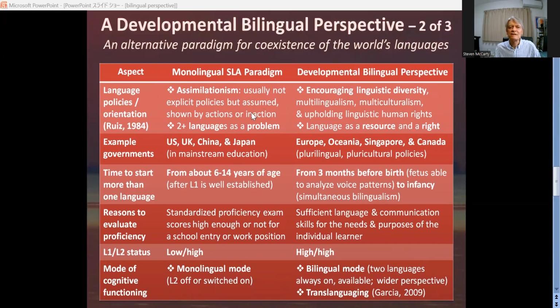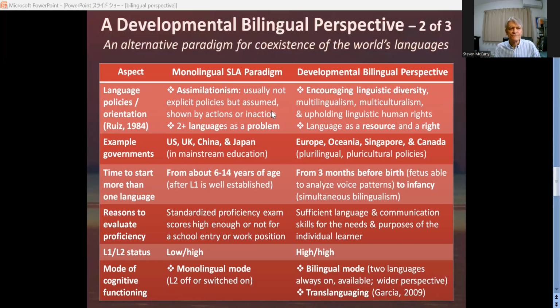And so in Japan, let's say there are usually no supporting documents in other languages besides Japanese, whereas in Sweden, they give information in 100 languages. So it's a choice, to be assimilationist or, in the bilingual approach, to encourage linguistic diversity, multilingualism, and multiculturalism, and upholding linguistic human rights, which some countries do, which we'll get into next.